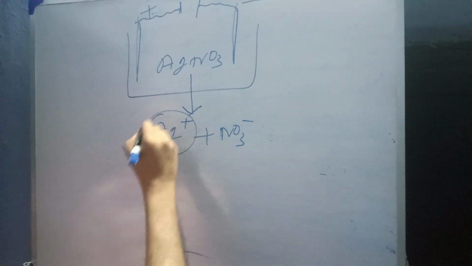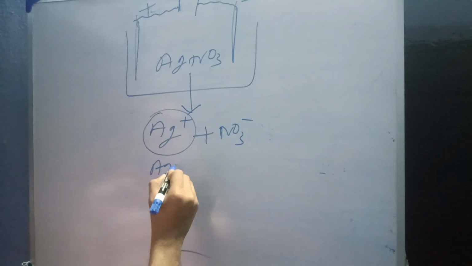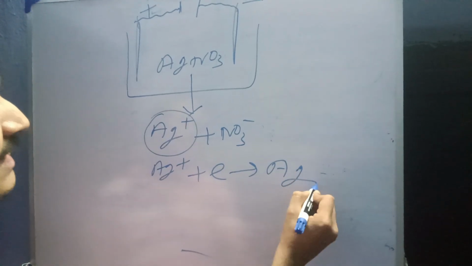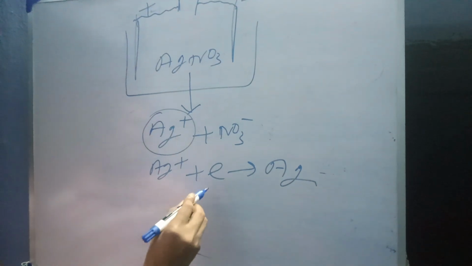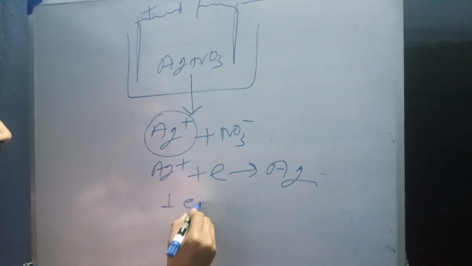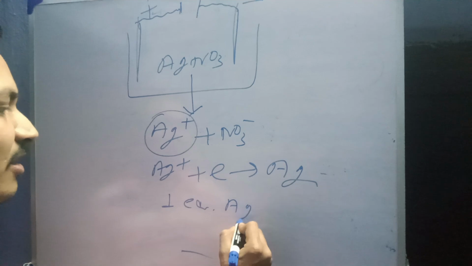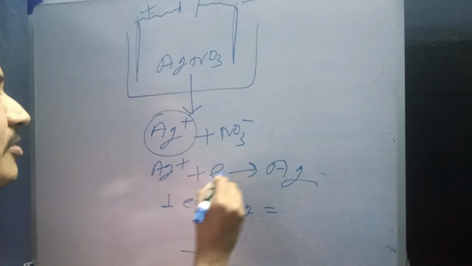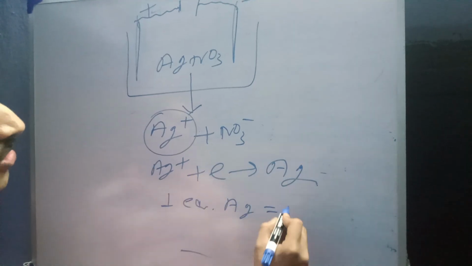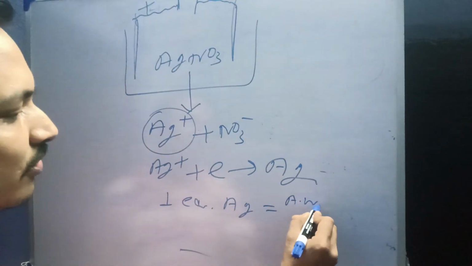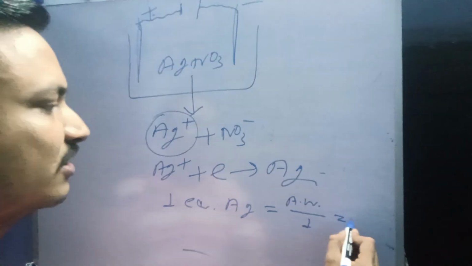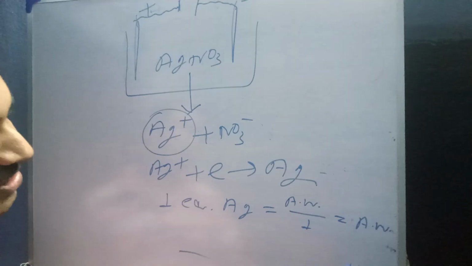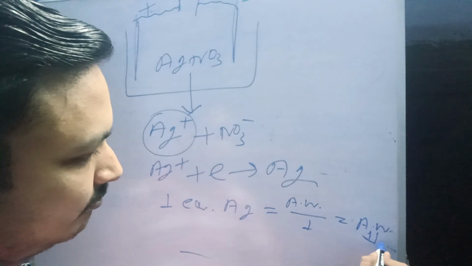This Ag plus takes 1 electron to produce 1 silver. So in this case 1 equivalent of silver is equal to just the atomic weight of silver, as the number of electrons transferred is 1, that is 108 gram.